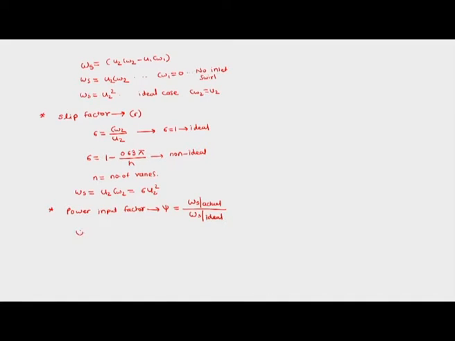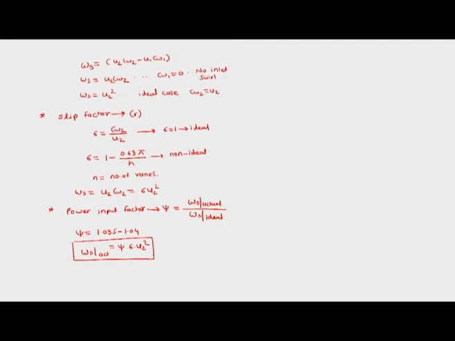Psi is going to vary between 1.035 to 1.04. This psi accounts for the frictional loss. So in general, W stage actual is equal to psi into sigma into U2 square. This is the formula for work input for a stage of a centrifugal compressor, where U2 is the velocity at the tip of the impeller, sigma is the slip factor, and psi is the power input factor.